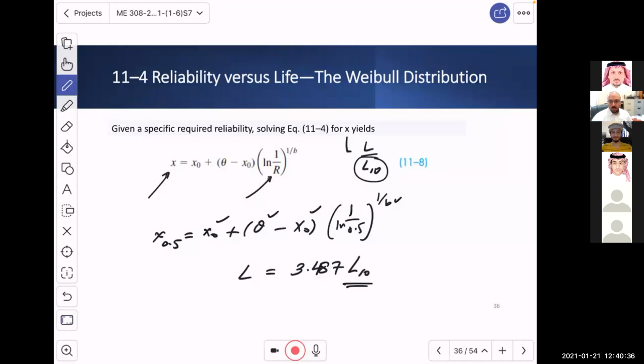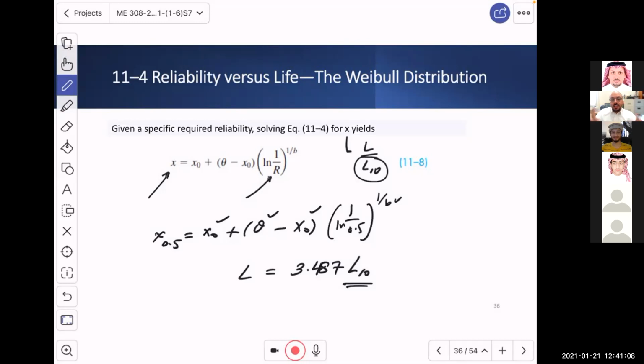Doctor, does this mean that after 3.487 million, more than 50% can fail? This means the bearings' life for 50% survival. You understand or no?